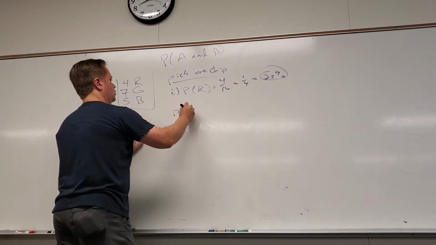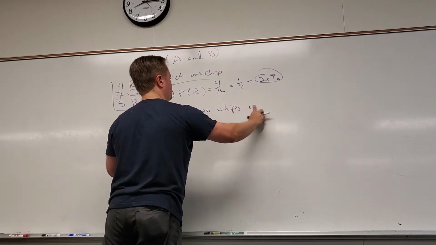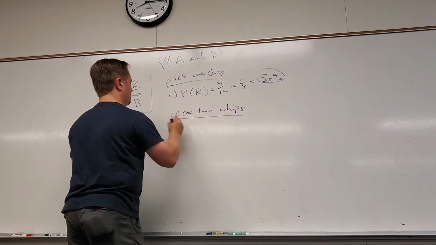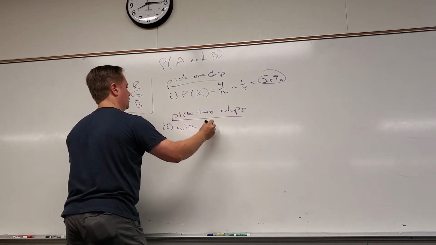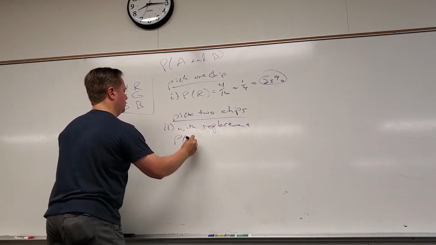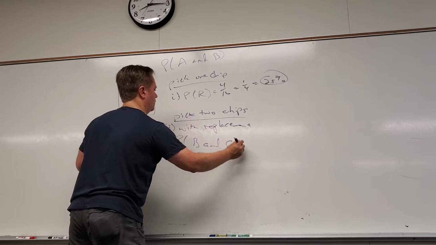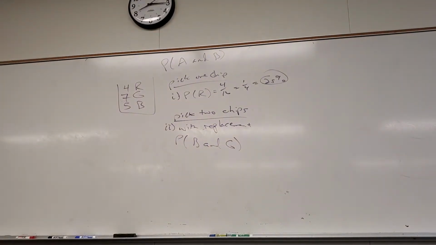So pick 2 chips. The first one is with replacement, meaning I drop the first chip back in. What's the probability I get a blue and then a green? So there's an and there, right? And there's two situations. I'm going to multiply these.